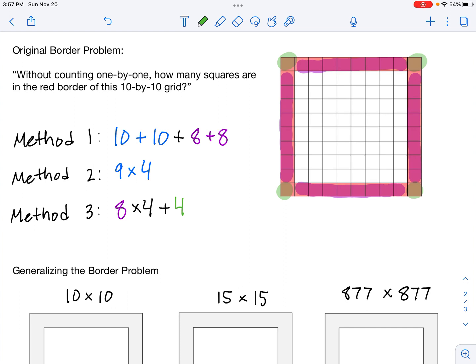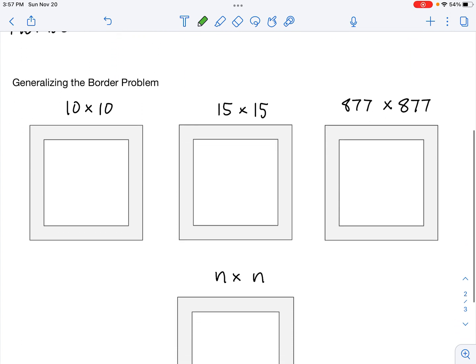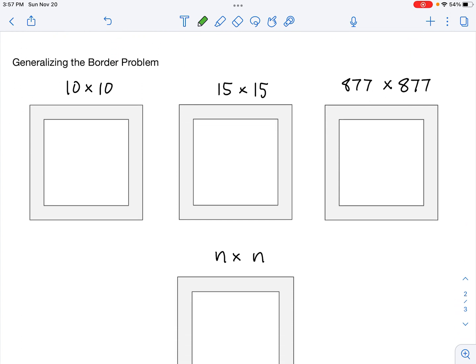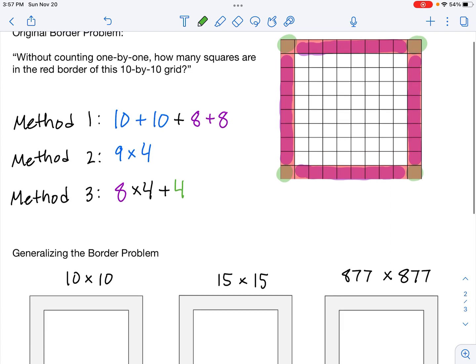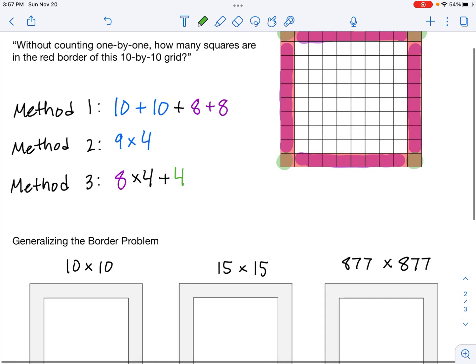All right. Now let's think about what the problem from the quiz was asking, which was for an n by n grid. So when we are thinking about generalizing the border problem, we are trying to find a pattern in how we count the squares in each of these methods. I'm going to choose one method to focus on.